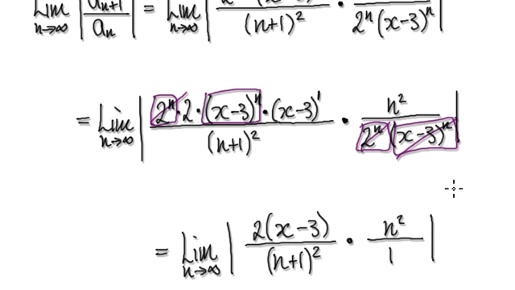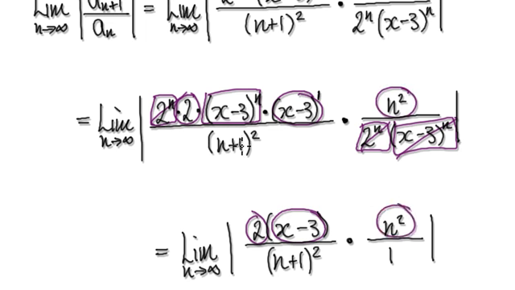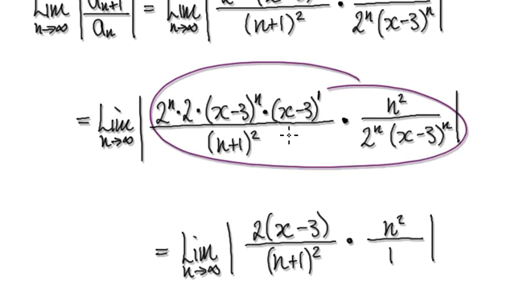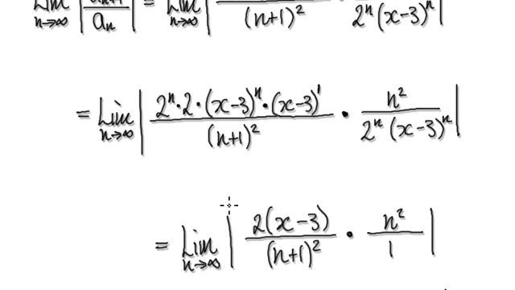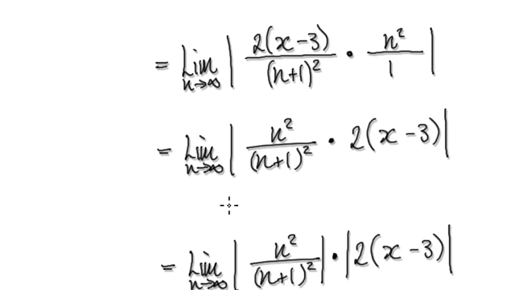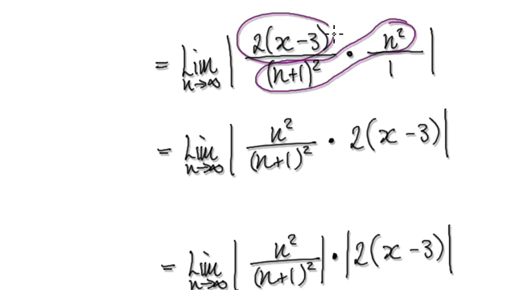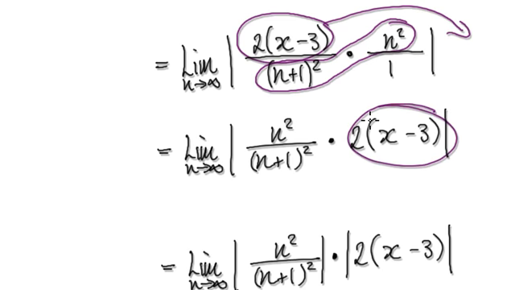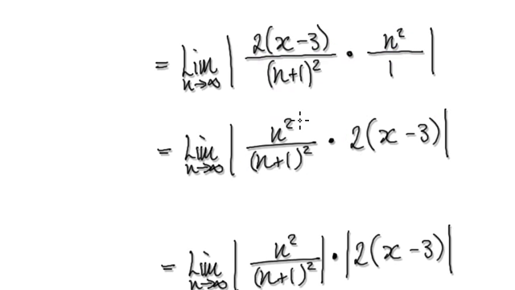That would then leave you with a 2 here, which is this 2, and then (x minus 3), then n to the power of 2, and then this thing here. So from here, that will then take you to here, and then group all the n's together, and then move this over here. So that will then give you this.